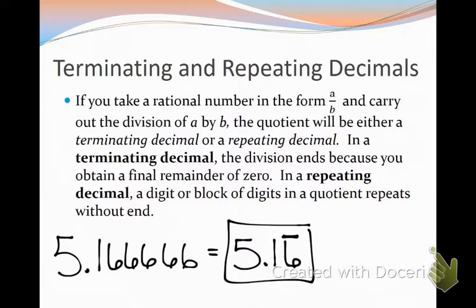Okay, so if I were to give you a true or false question that said, terminating decimals are rational, that is true. If I were to say repeating decimals are not rational, that's false because they are.